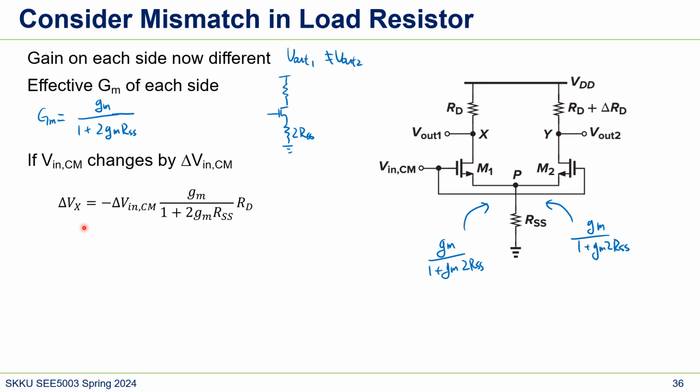Let's see what happens. First, delta VX, the GM, RD, and this. The gain is from V in CM to VX, right? And this is the effective GM times RD.